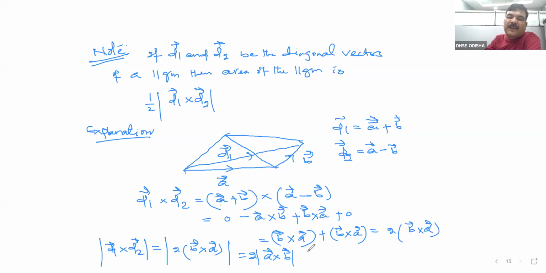So A cross B mod is equal to half of the magnitude of d1 cross d2. You know that A cross B mod represents the area of the parallelogram. So area of the parallelogram is equal to half of d1 cross d2. Okay.